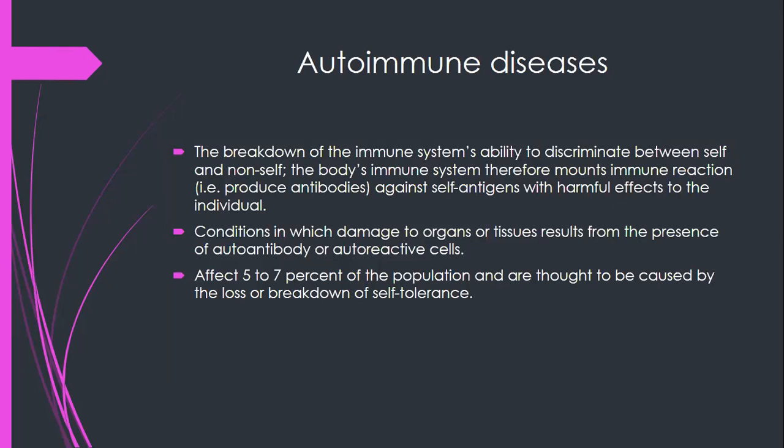Autoimmune diseases involve the breakdown of the immune system's ability to discriminate between self and non-self, and the body's immune system therefore mounts an immune reaction against self-antigens with harmful effects to the individual. Normally, your immune system is able to tell which are self and non-self components, such that it does not mount any immune response to your self-antigens.